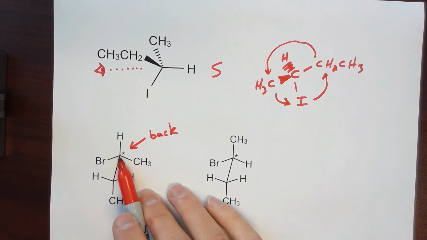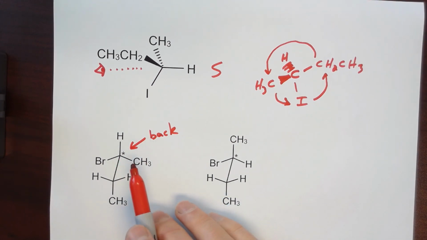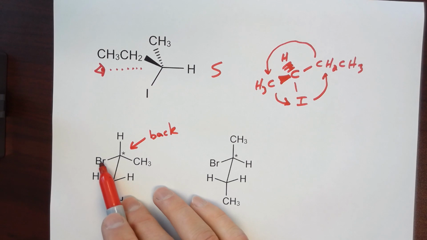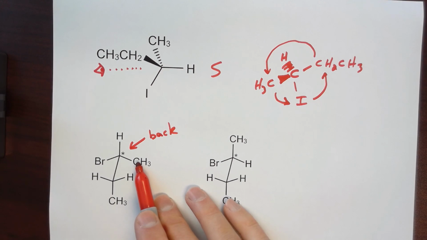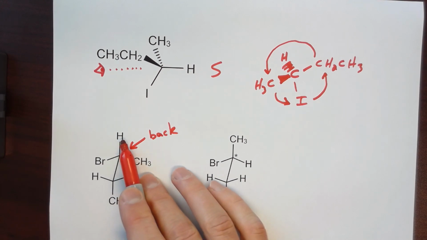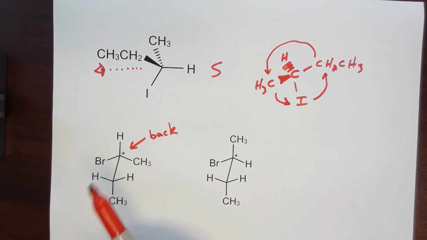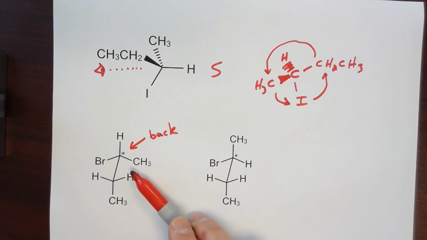Okay? So the highest priority group is the bromine. The next highest priority is the ethyl. This is an ethyl group here. And then the lowest priority is the methyl, if I've already put hydrogen, which is the absolute lowest priority, in the background. So I go from bromine to ethyl to methyl.